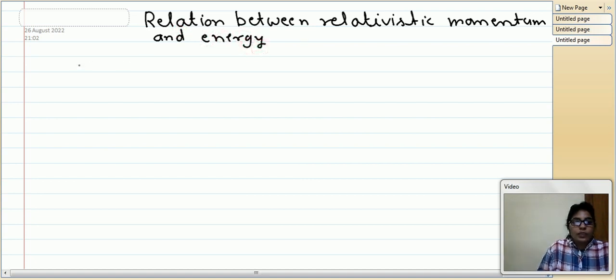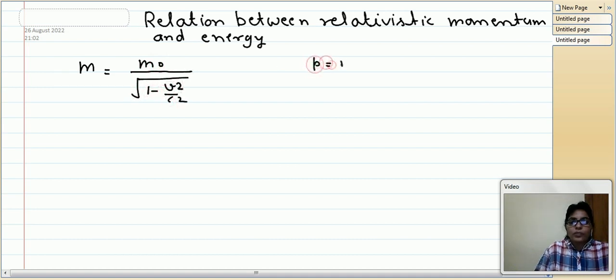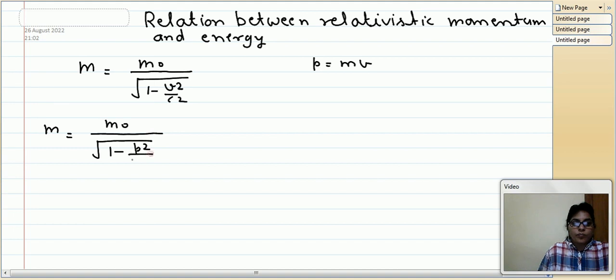So again we will start with the same equation, m is equal to m naught upon under root 1 minus v square by c square. Now we know that p is equal to m into v, so we will substitute this value. M is equal to m naught upon under root 1 minus, instead of v we will write p square by m square, so it will be p square by m square c square.